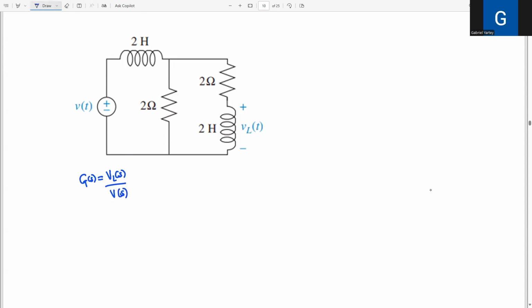Now, let's convert this circuit into the S domain. If we do that, it's going to give us this.